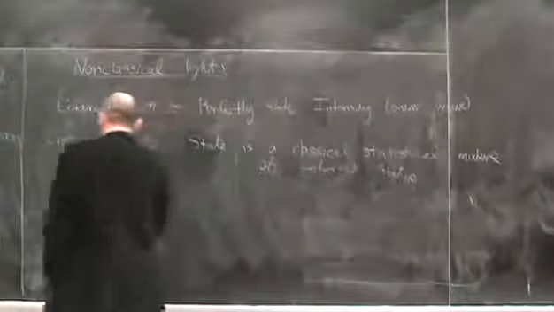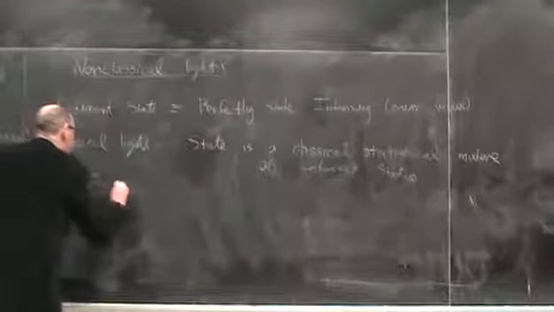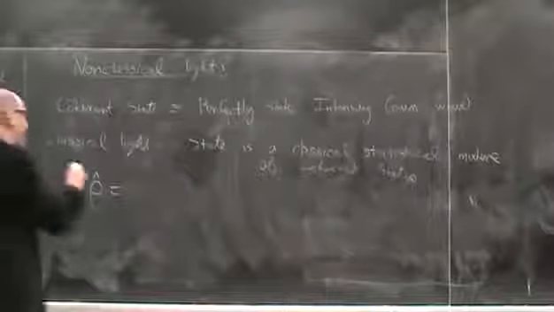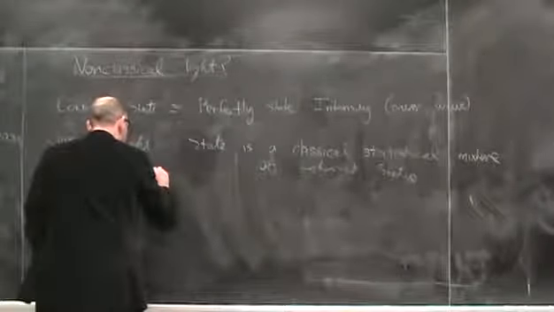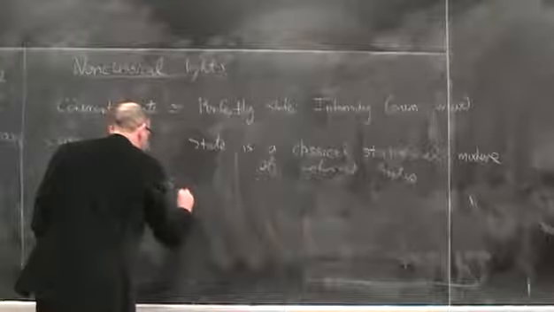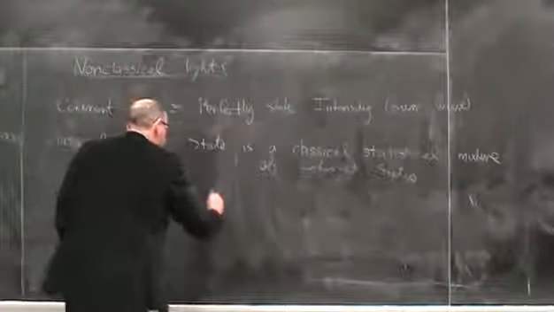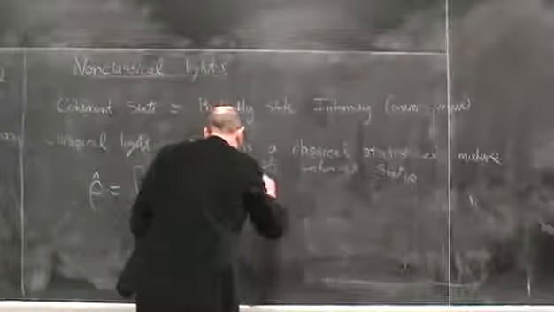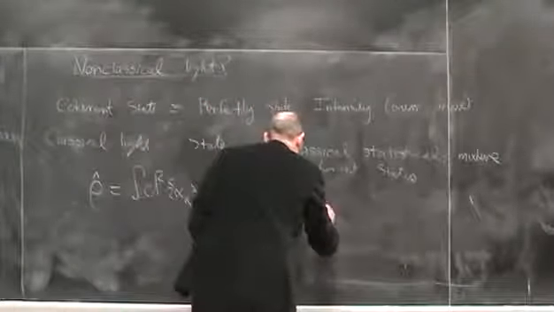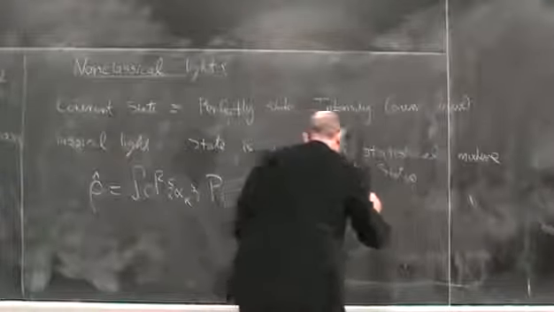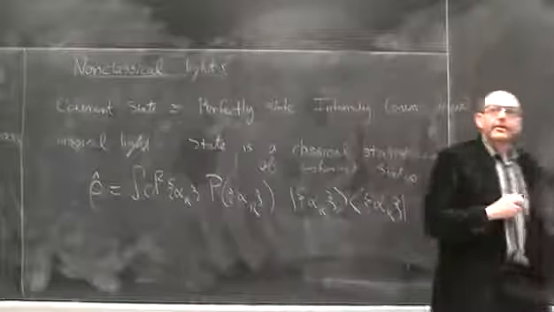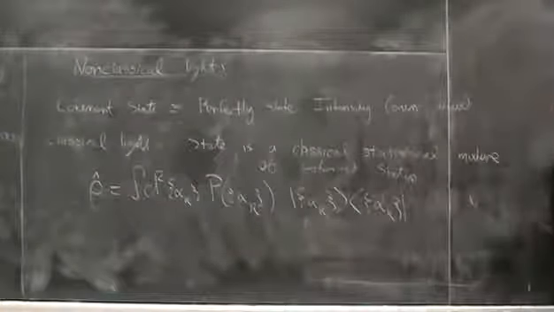Formally, that would say that the state is generally a mixed state, a density operator, written as a statistical mixture of coherent states with probability distribution P, and I'm allowing multiple modes. So this little bracketed alpha is the set of all alpha associated with all the modes.